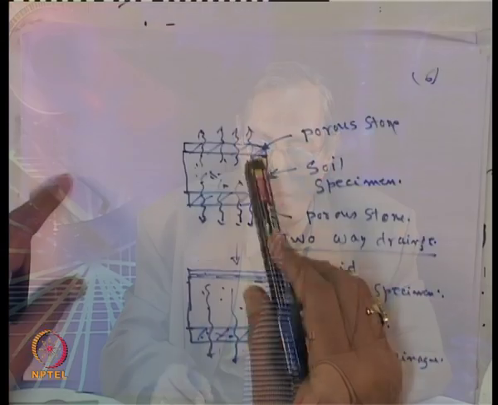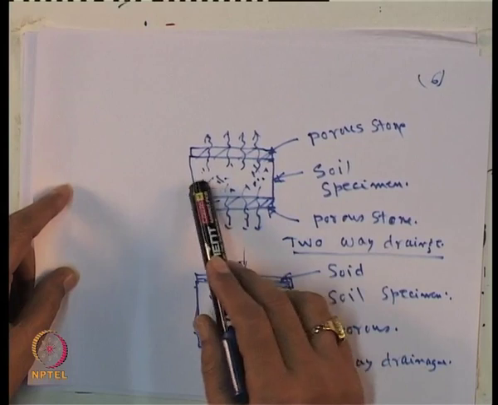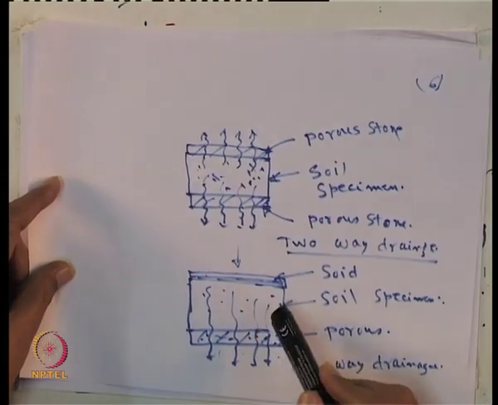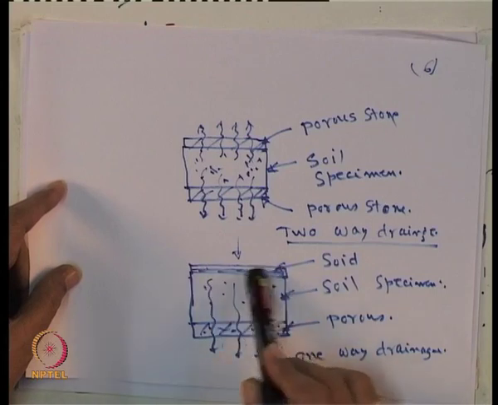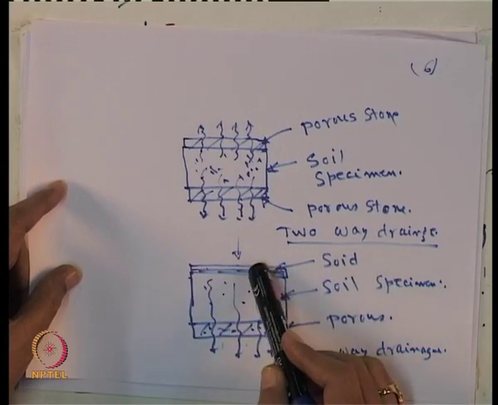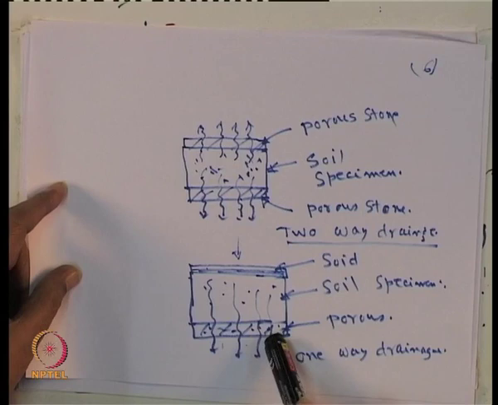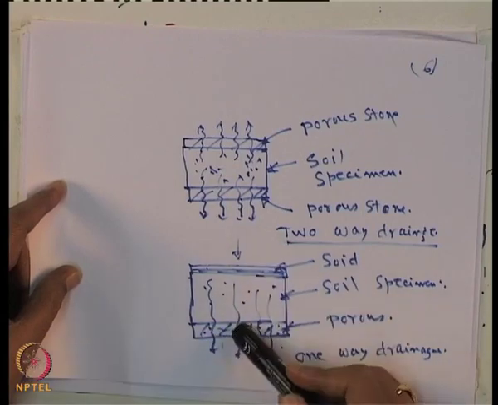If it is both ways, you have to provide the porous stone at the top and bottom of the soil specimen, and if it is one way, you have to keep the solid plate on one side and the porous stone on the other side or vice versa. So, this way you can perform the test, and how to perform the test.